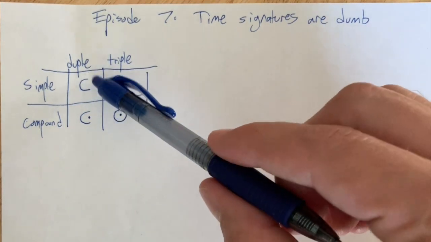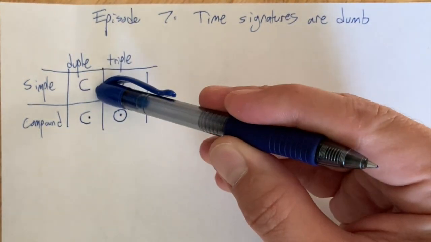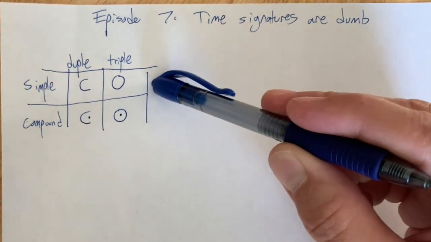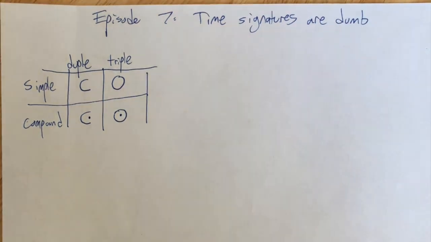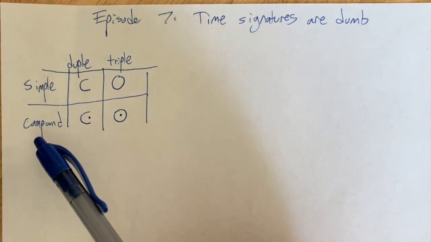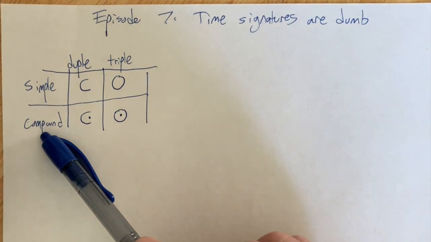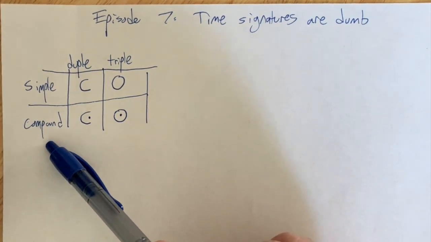One kind that had 2 divisions per beat, what we now call simple, and what back then we called minor prolatio, and one called compound, where you have 3 divisions per beat, and back then they would have called that major prolatio.